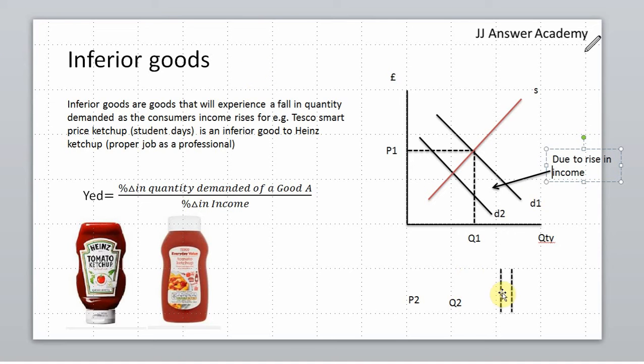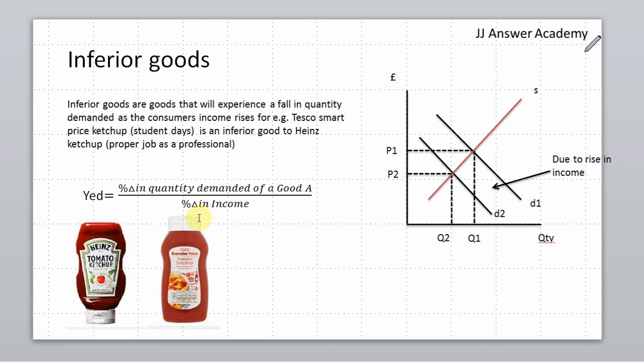The demand curve shifts inwards, and the new quantity demanded is at Q2, and the new price is at P2, which is lower than P1.